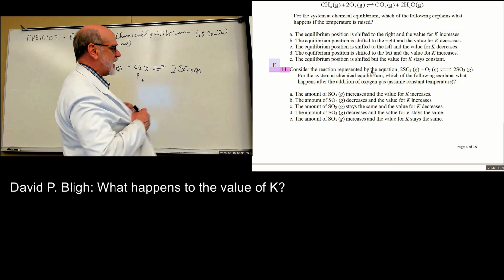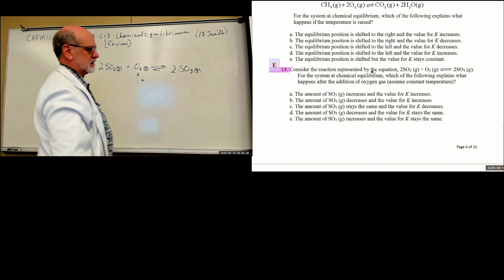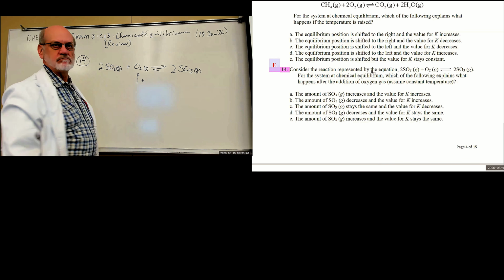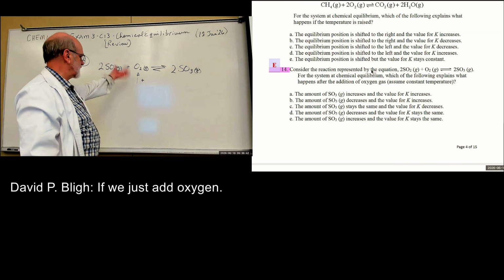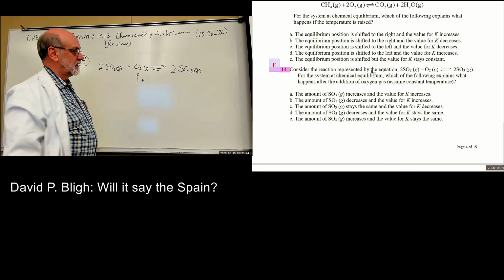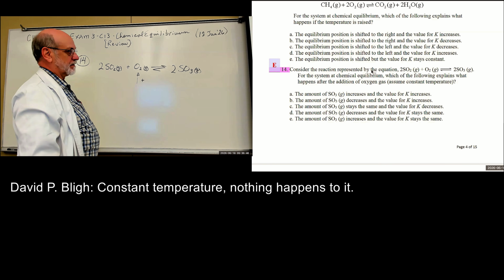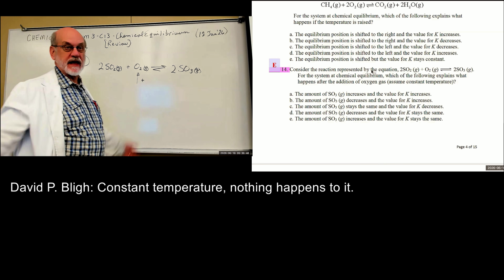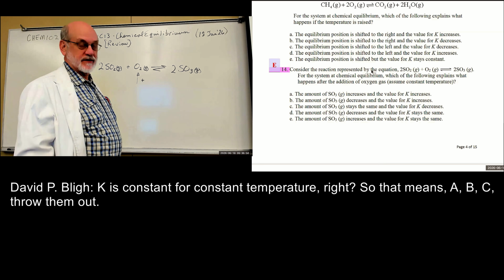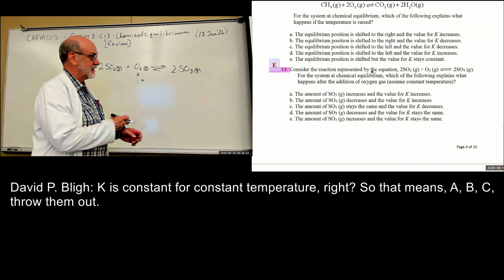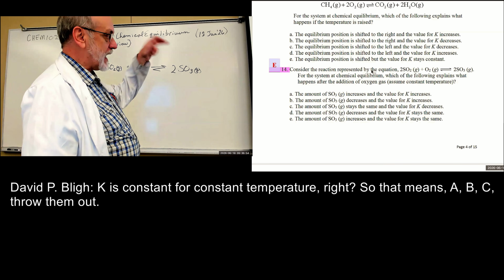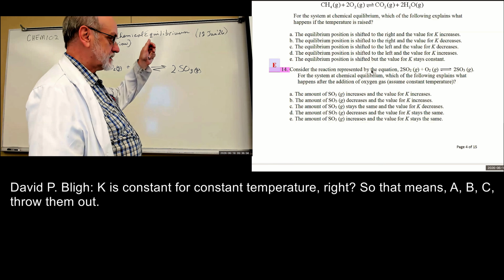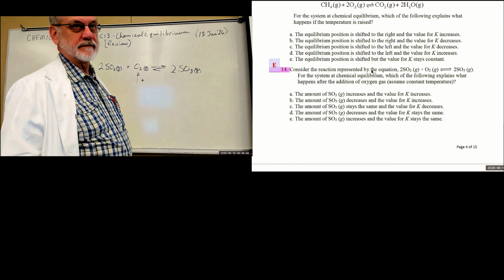What happens to the value of K if we just add oxygen? Would it stay the same? Constant temperature, nothing happens to it. K is constant for constant temperature, right? So that means A, B, C, throw them out.